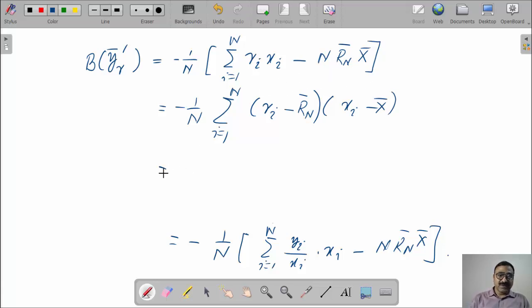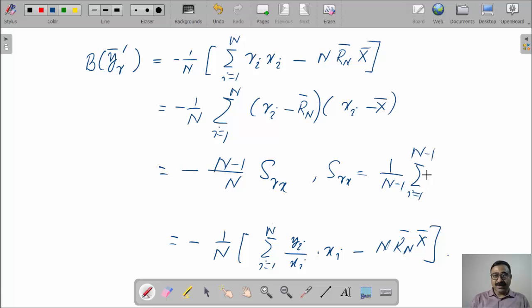So that is equal to minus n minus 1 by n S_RX, where S_RX equal to 1 by n minus 1 summation i equal to 1 to n of ri minus Rn bar into xi minus x bar. This is the S_RX, this is the population covariance between R and X.